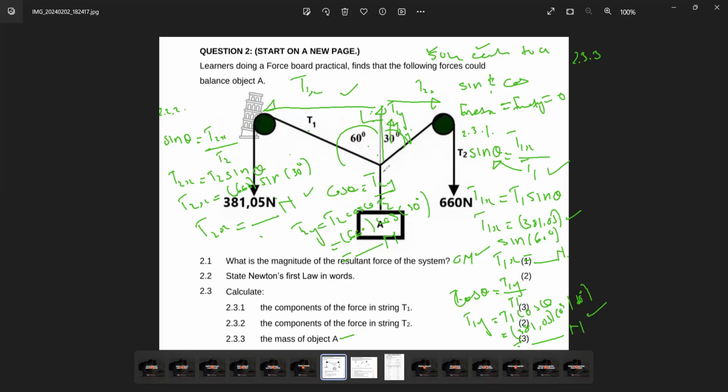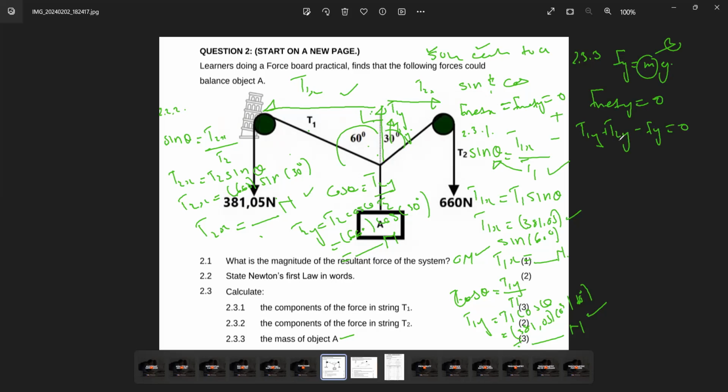So for us to find that, we need to know that Fg equals mg. To find the mass, we focus on all vertical forces. We say F net y equals 0 because it's not going anywhere. Upward is positive, downward is negative. So we have T1y plus T2y minus Fg equals 0.